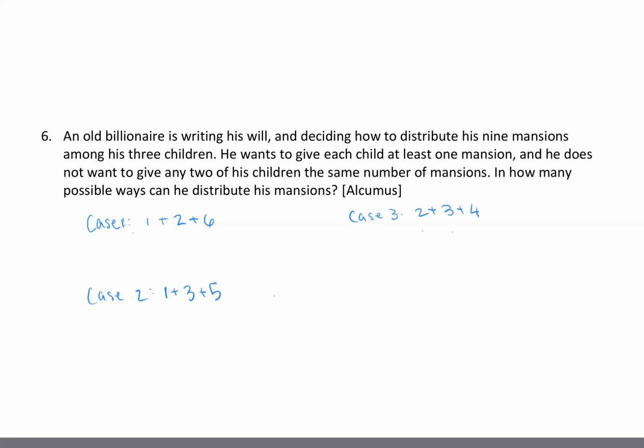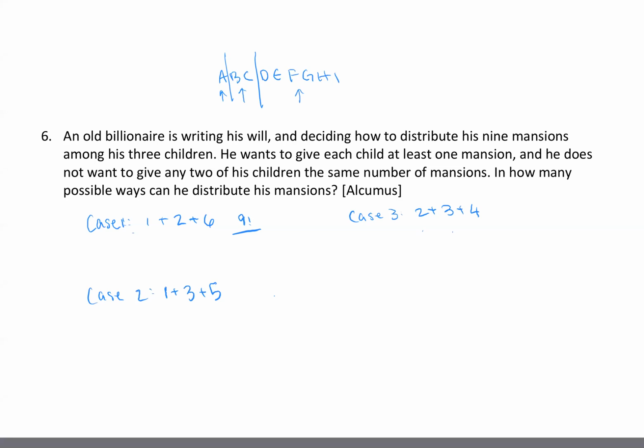So now let's start with the first one. We need to decide how to distribute the mansions. Let's say that we have mansions A, B, C, D, E, F, G, H, and I, right? We can order this in a way that this belongs to the first child, this belongs to the second child, and this belongs to the third child. So the total number of orderings is 9 factorial because we can order the 9 mansions in any way.